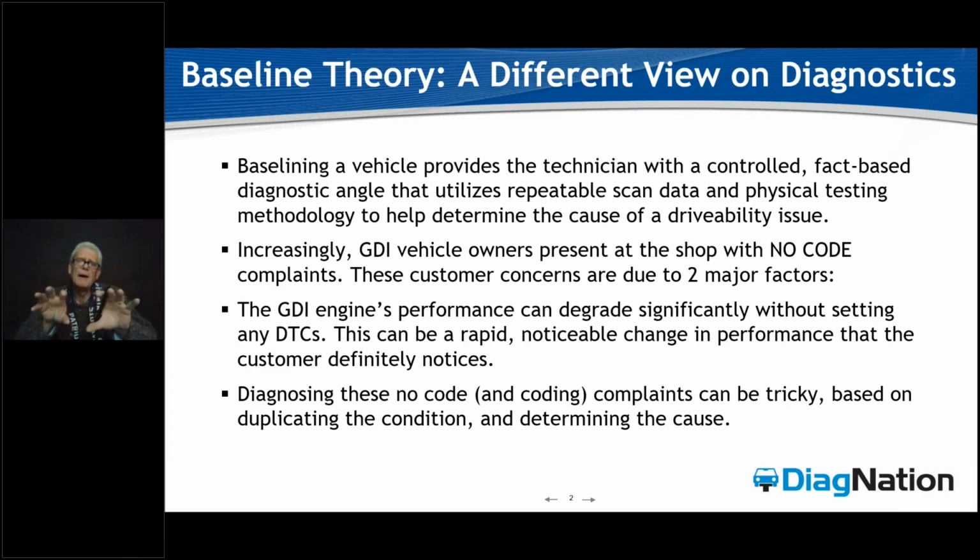We'll talk about how the deposits, as they build up, create adjustments to the baseline and the fuel control strategy. Guys, this is a really important issue when it comes to things like mass airflow plausibility codes and ghost lean codes that you can't find.